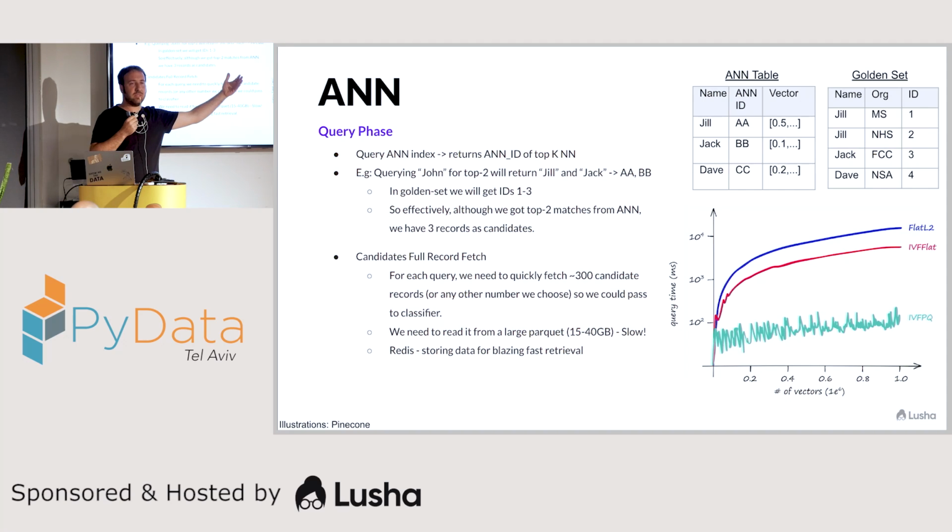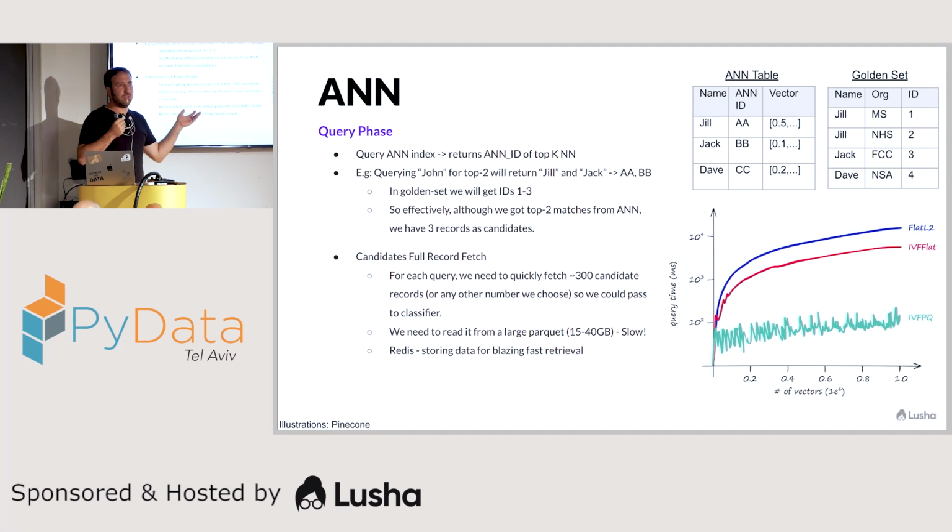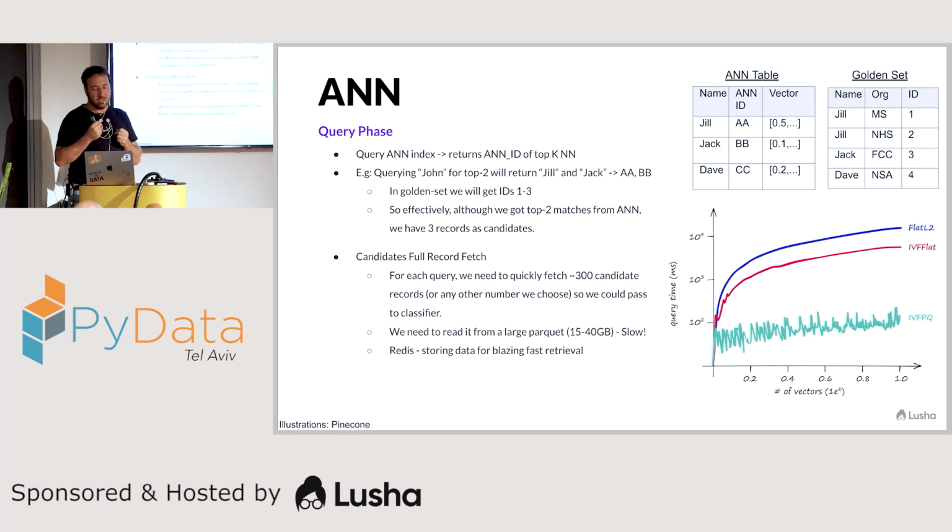So get me 300 records from a billion-record data set. It can take some time, and if I do it not just for one query, but for a lot of queries because I want to traverse my whole data set quite quickly, this is not just read Parquet or read CSV or whatever for dozens of gigabytes. It takes time, right? So we need some fast solution.